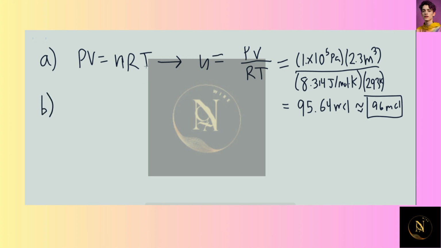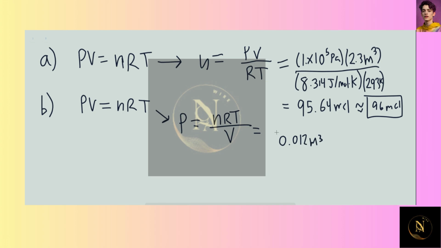For part B, we once again use the ideal gas law, except now we need to find pressure. So PV equals nRT. We're given the number of moles in the tank in this case, and the temperature, and the volume of the tank. So pressure is just nRT over V. We have to convert these volumes to meters cubed.